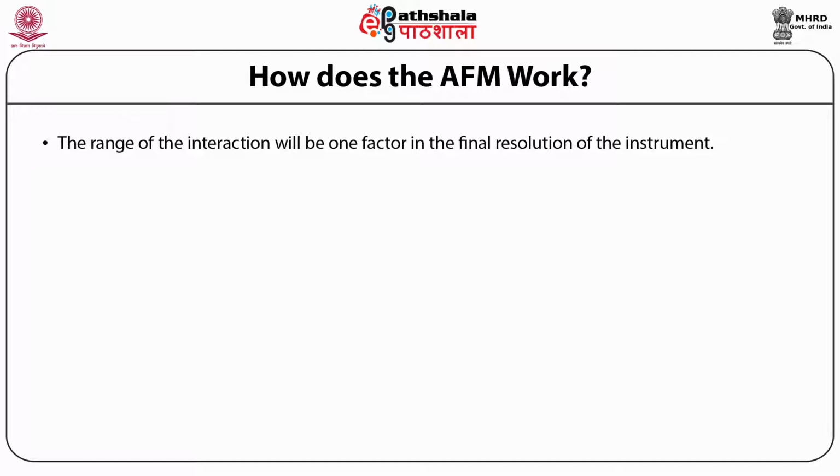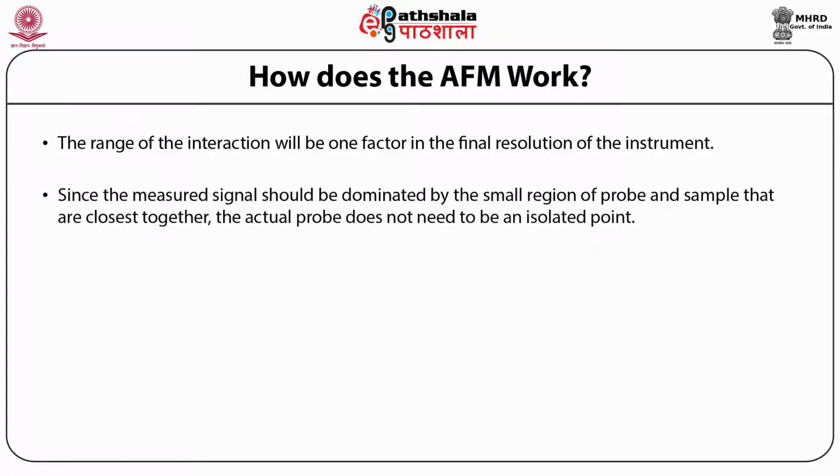When the interaction has a very strong distance dependence, such as the electron tunneling current used in STM, the resolution can be good enough to see individual atoms, since the measured signal is dominated by the small region of the probe and sample that are closest together.